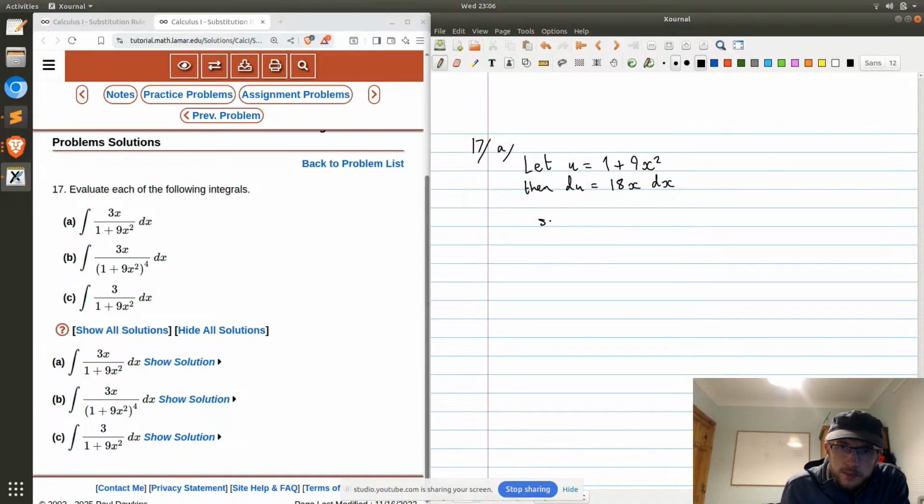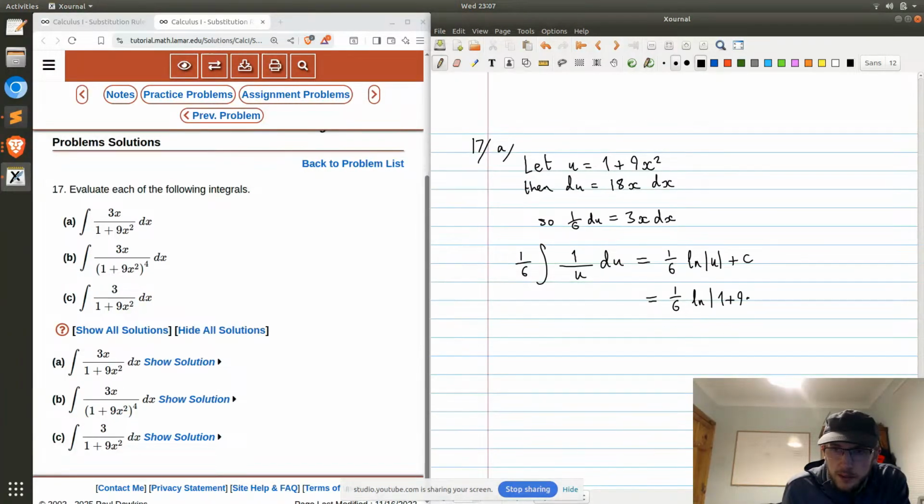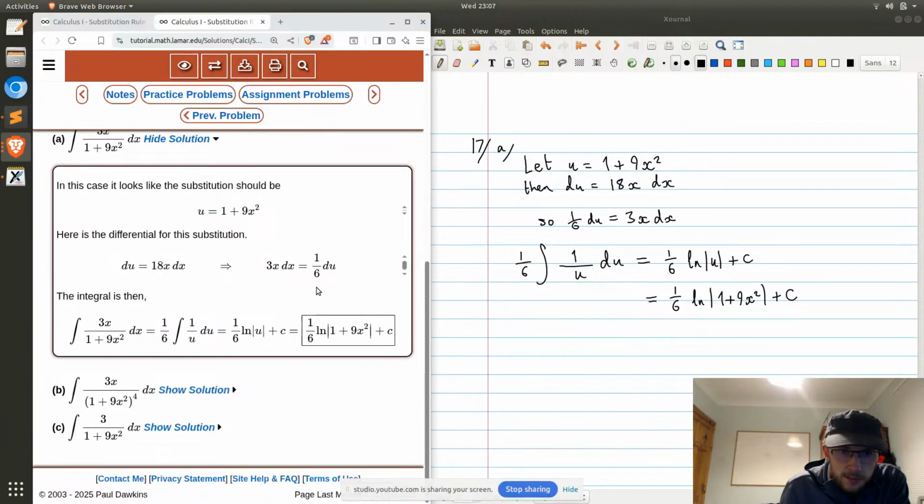So 1/6 of du equals 3x dx. And the original integral becomes 1/6 of 1 over u du, and that is 1/6 of the natural logarithm of u plus c, which is 1/6 of the natural logarithm of 1 plus 9x squared plus c. And that's right.